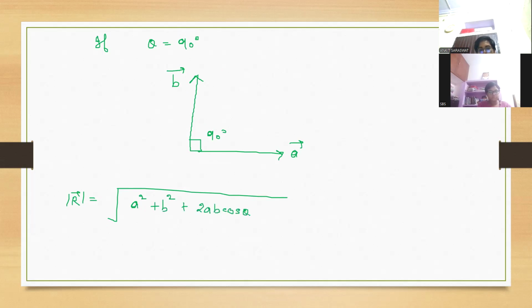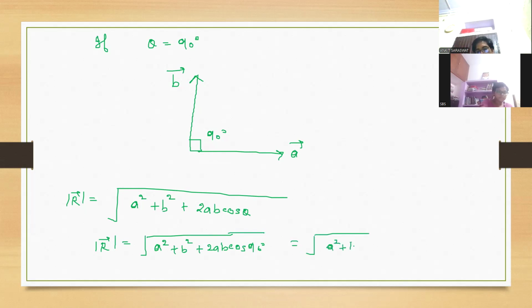Since theta is 90 degrees, cos 90 is 0, so it will be under root a square plus b square.